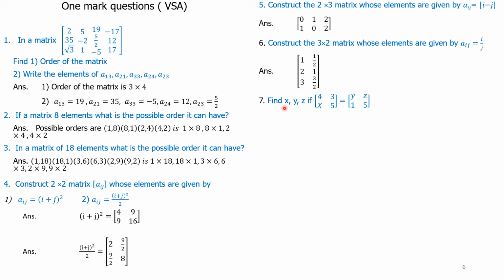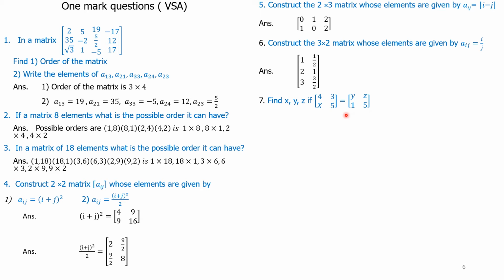Question number 7. Find x, y, z if the 2 by 2 matrix [4, 3; x, 5] equals [y, z; 1, 5]. We have to find x, y, z from these two matrices, so we have to compare the corresponding elements.